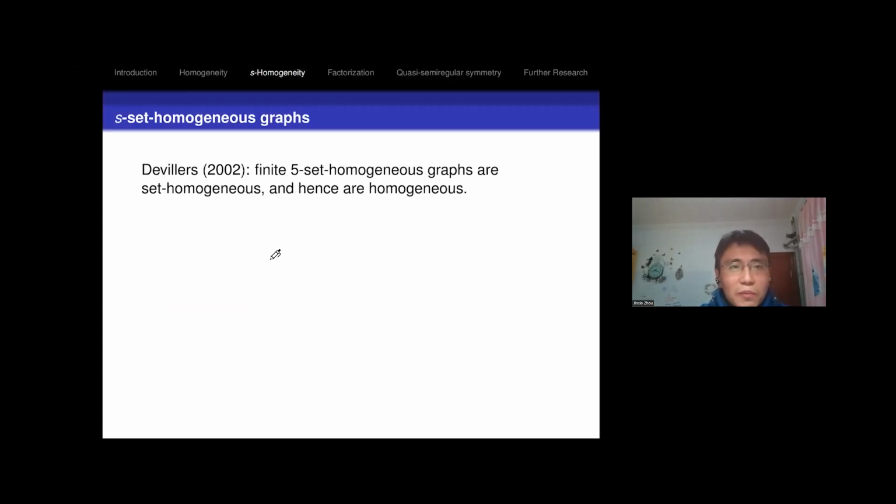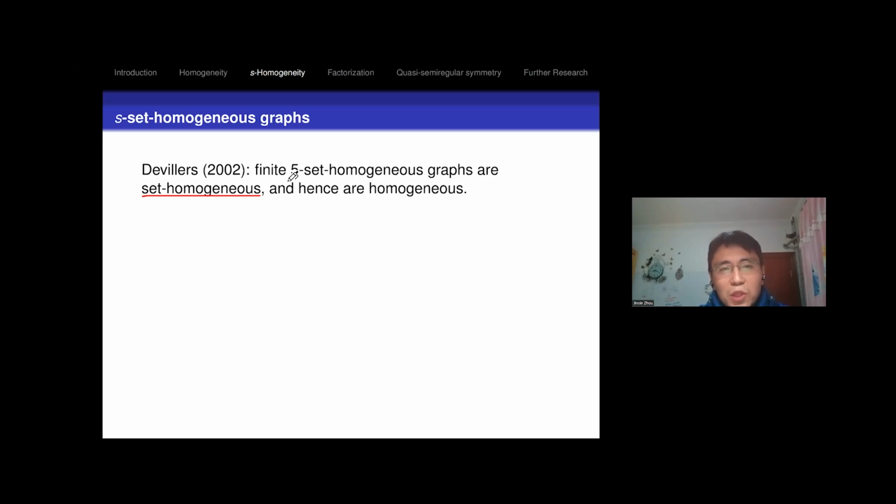Now let's look at some results about s-set homogeneous graphs. Devillers proved that finite 5-set homogeneous graphs are set homogeneous, and by Gardner's theorem, we know every set homogeneous graph is homogeneous.